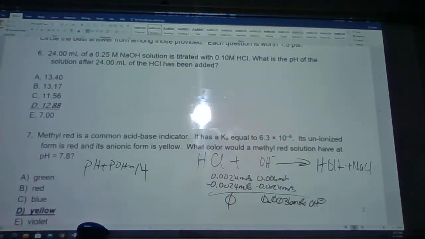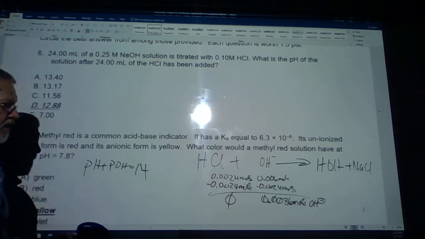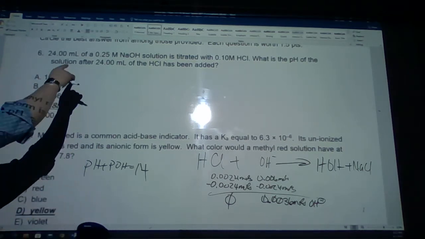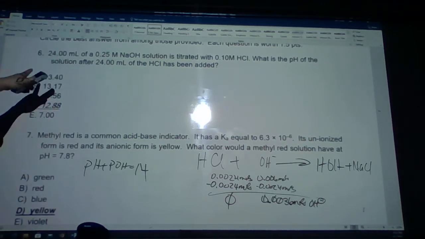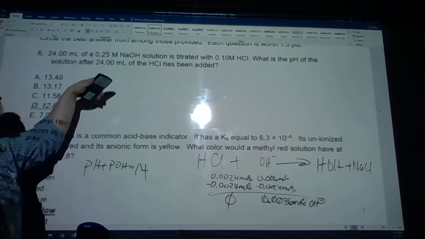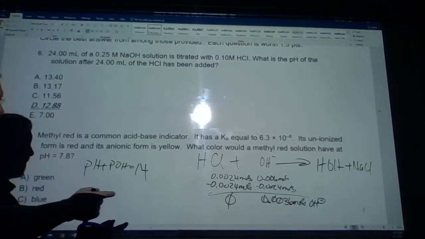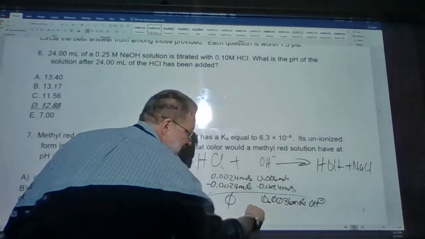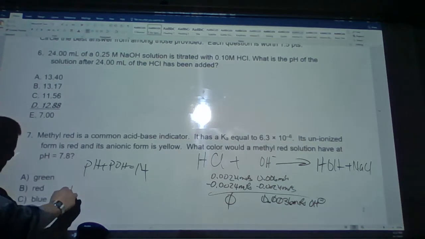But what volume are those moles of OH contained in? Well, we had 24 mL of our sodium hydroxide and 24 mL of our HCl. So we have a total of 48 mL that contain that 0.0036 moles of OH.